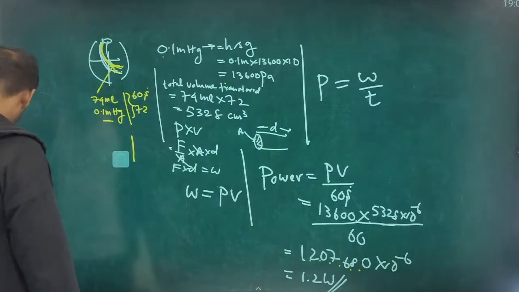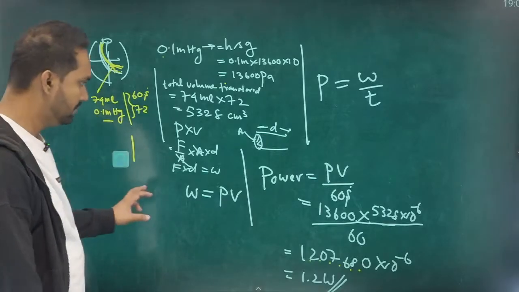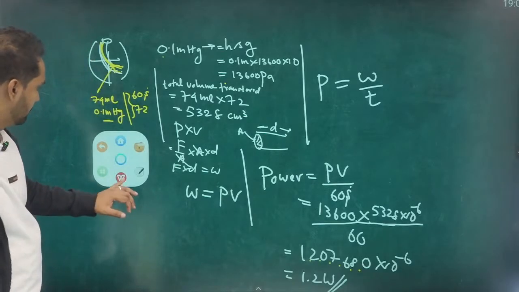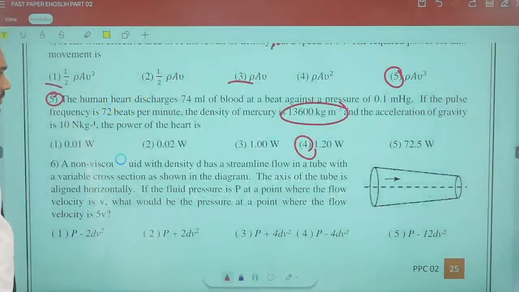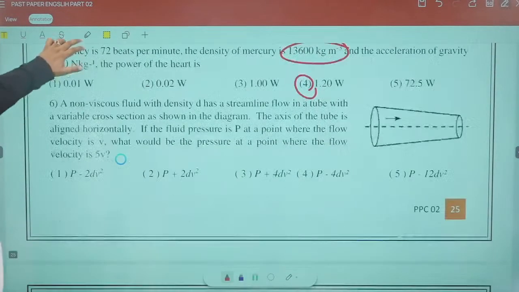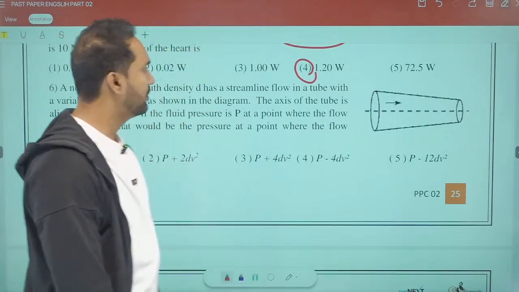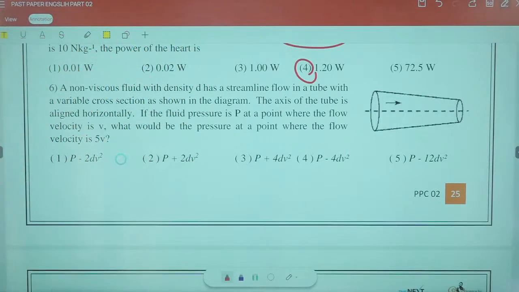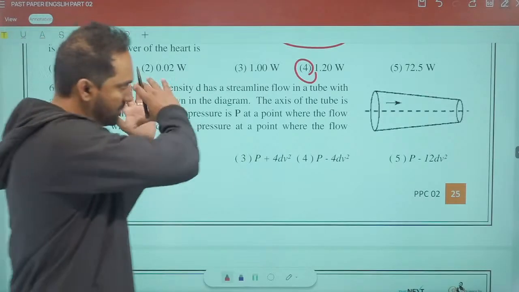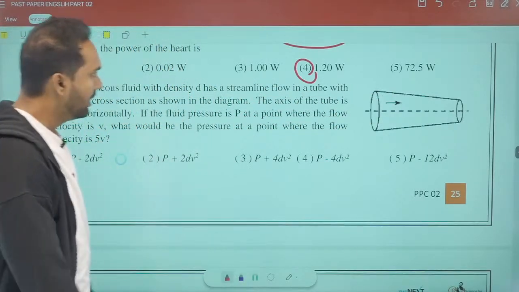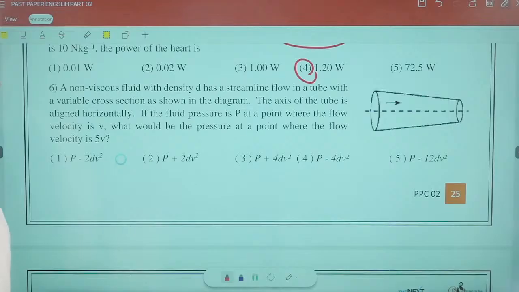Right, shall we do the next one? 6. A non-viscous fluid with density D has a streamlined flow in a tube with a variable cross section as shown in the diagram. So cross section area is varying. The axis of the tube is aligned horizontally.